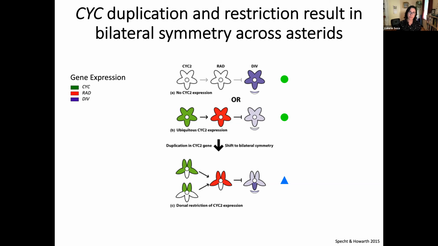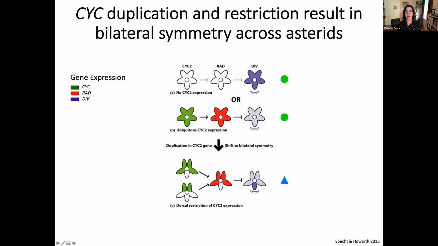Another thing that has been noticed when we expand and look more at other asterids is that we often see, when there's a shift from a radially symmetric flower to a bilaterally symmetric flower, that associated with it there's a duplication in these cycloidea genes, where we then have two copies of this gene, and their expression patterns change a little bit, where one of them becomes more restricted to the dorsal petals.